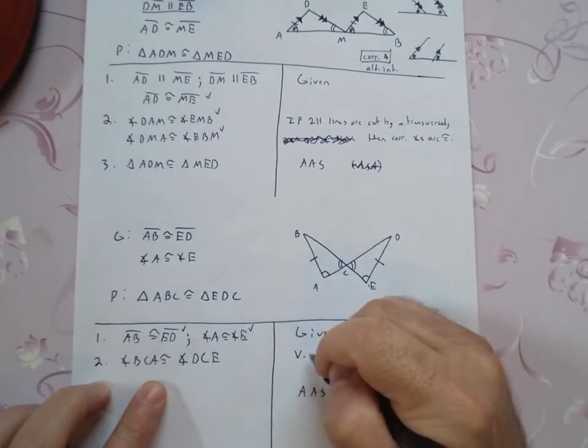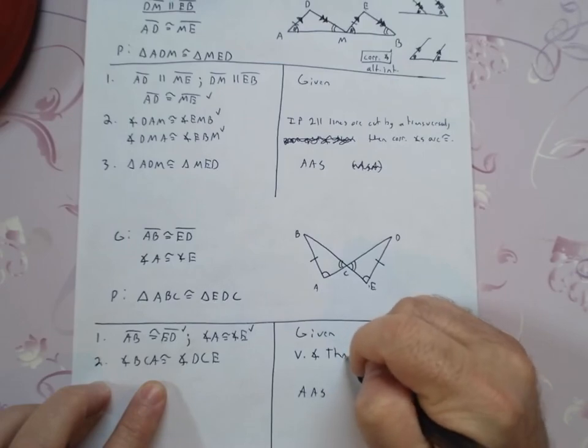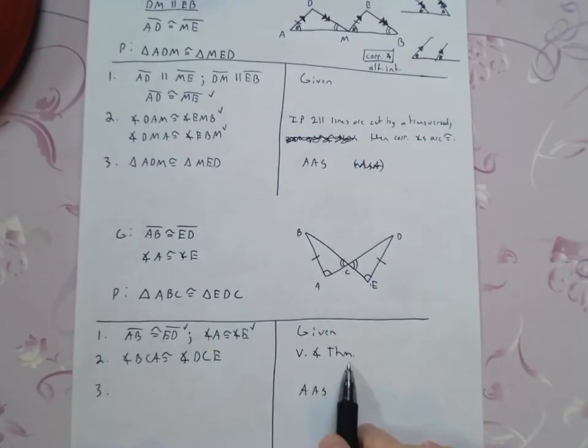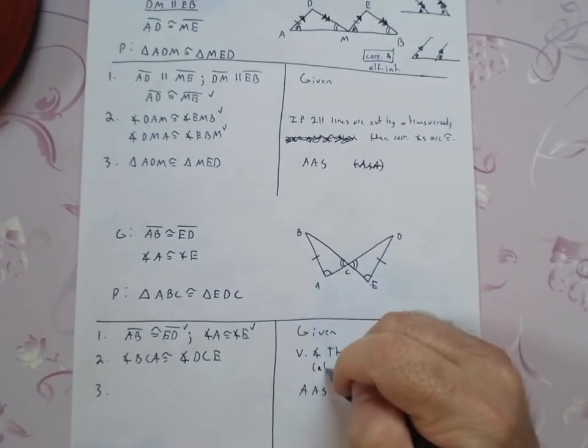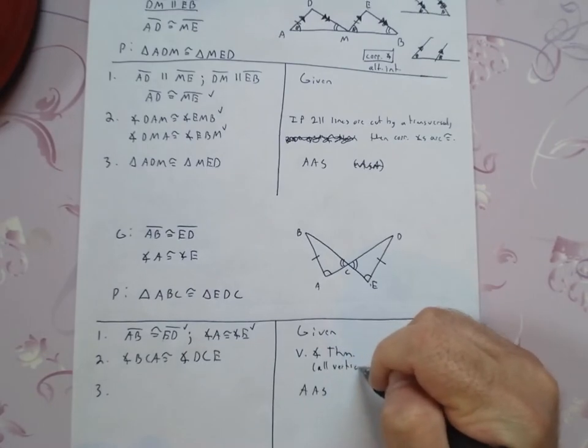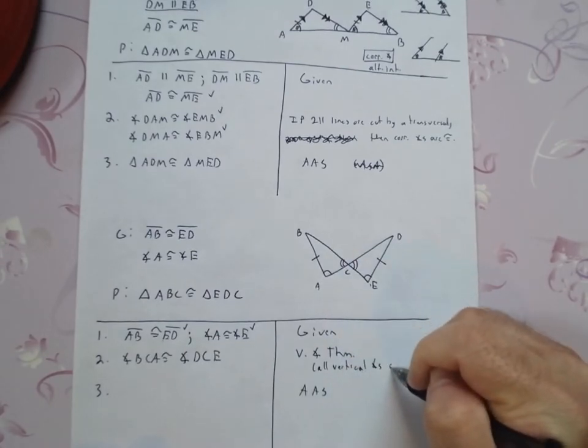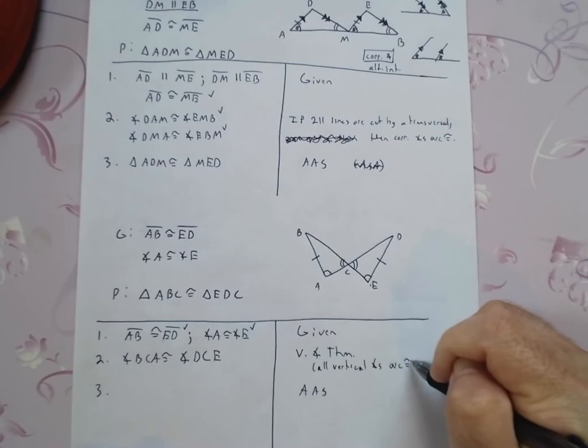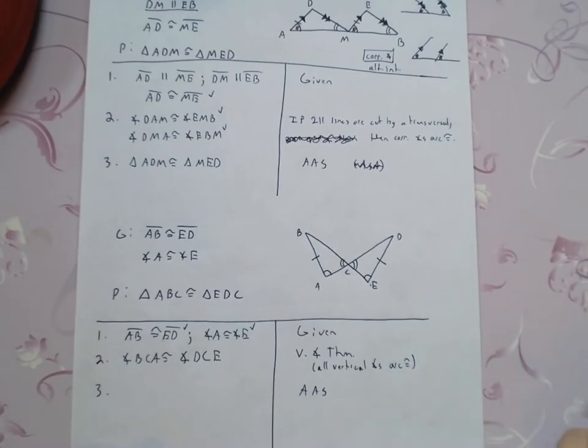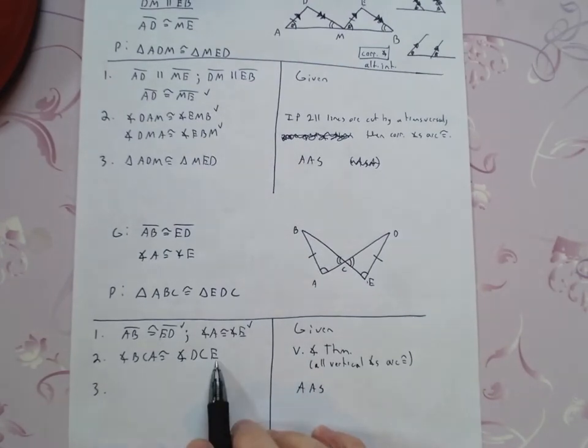And that is your vertical angle theorem. Vertical angle theorem just says that all vertical angles are congruent, kind of like our right angle congruence theorem, where it said all right angles are congruent. Well, here, this just says vertical angle theorem, all vertical angles are congruent. And that is a vertical angle.